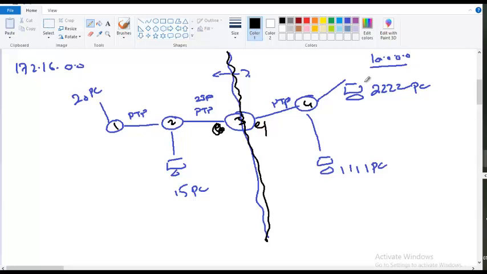I want to change my mind. I move this to this one. And then here I would like to have 200.1.1.0 this side. Because 10 I have already done.